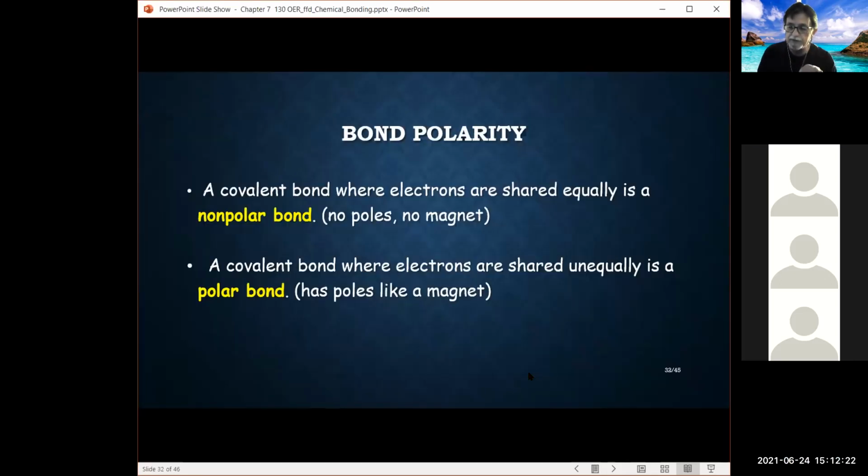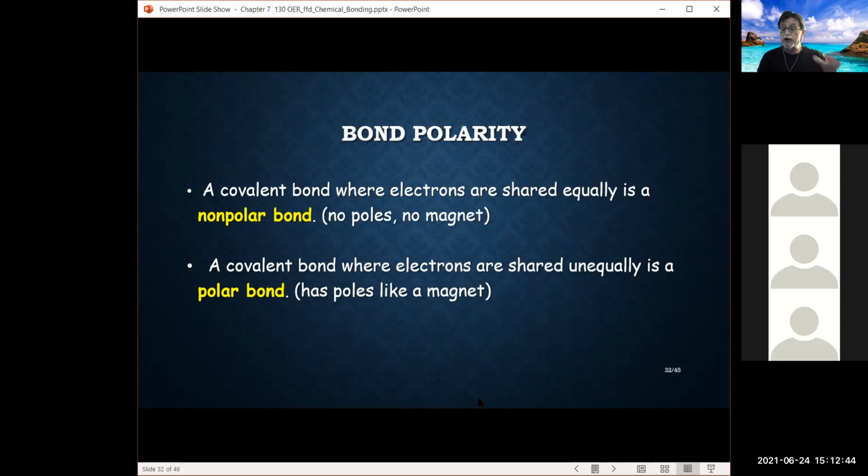Because of the electronegativity difference in a bond, it's going to result in one of those atoms pulling the electrons closer to itself, which results in a polar bond, which, depending on the conditions, results in a polar molecule, okay?